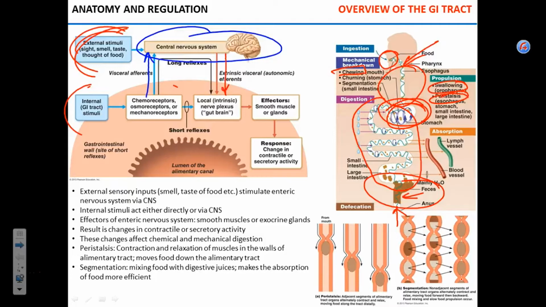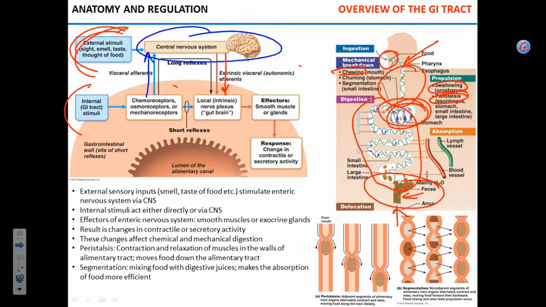Okay? So this output will increase or decrease mechanical activity, so it will act on smooth muscles. Does it make sense? Make smooth muscles contract and churn the food or activate peristalsis in the intestine.